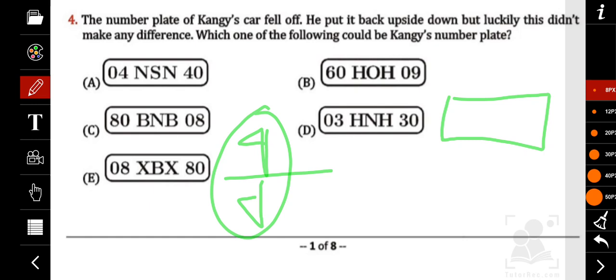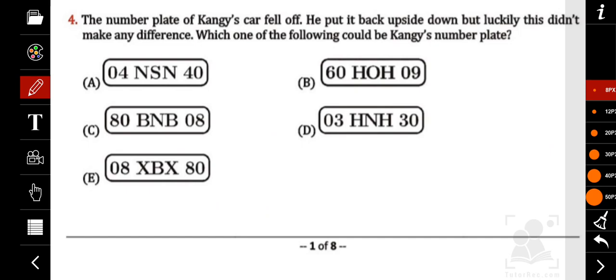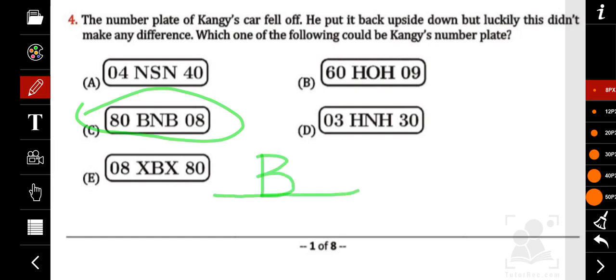Okay, then let's see for option C, for example. In this case we see the number is B. When it would be made upside down, it is going to be something like this. Okay, that is fine.